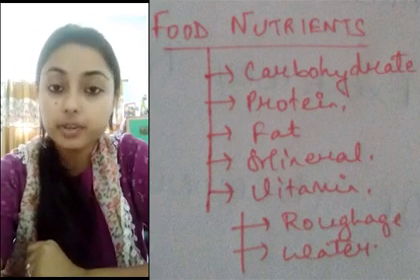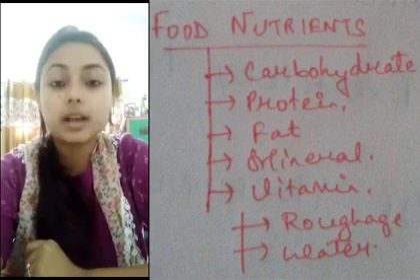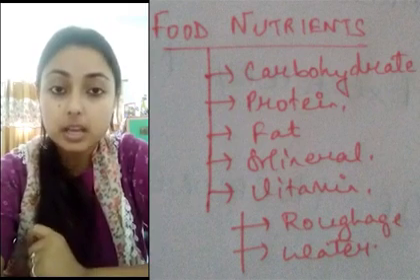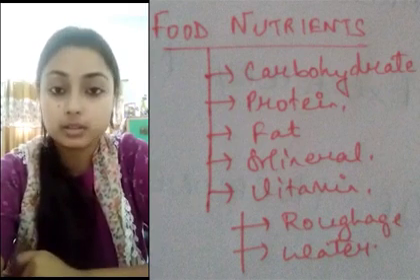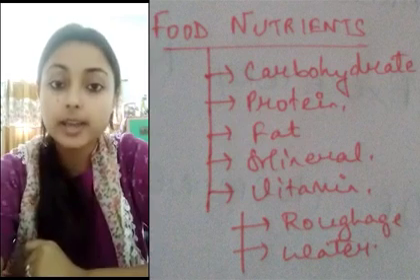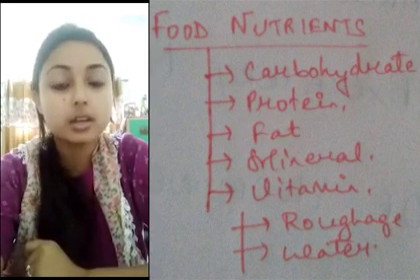Green vegetables and fruits are some sources of roughage. This should be included in your diet, okay? And very importantly, we should drink 8 to 10 glasses of water in a day.